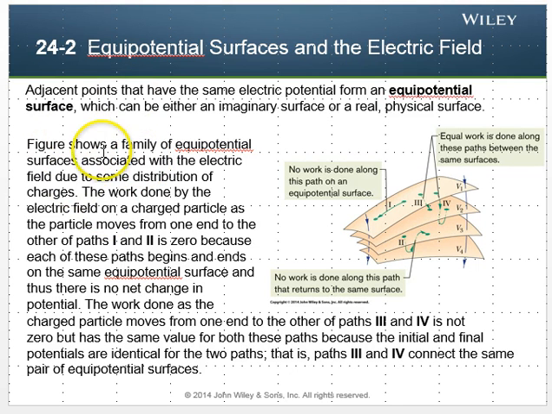Now, in electrical work, we always have what we call equipotential planes or equipotential surfaces. We don't really talk about this so much in gravitational energy, but if you look at the top of your desk, that's an equipotential surface, right? It doesn't matter where you put your book on the top of the table, it has the same potential energy.